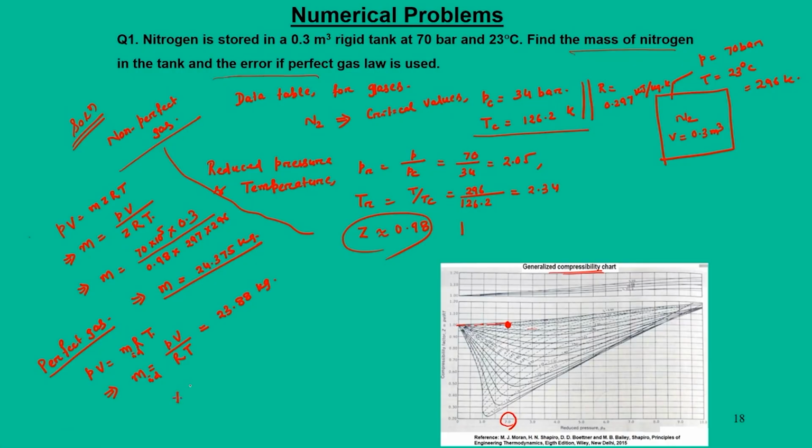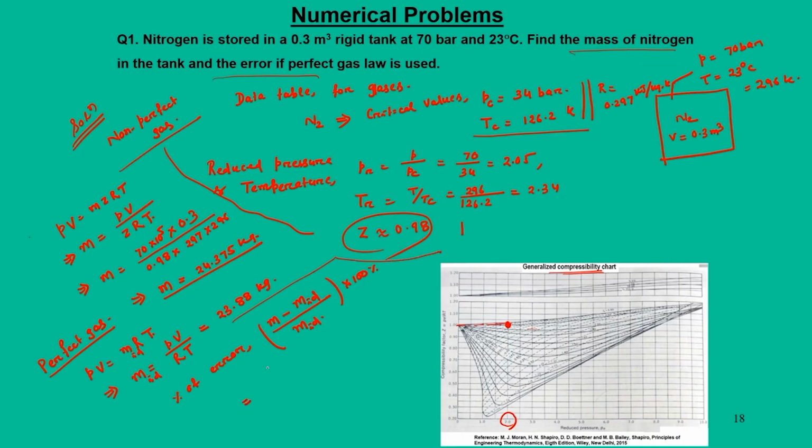The question asked what is the percentage of error introduced. So, the percentage of error for this mass calculation would be the actual mass minus the ideal gas mass, divided by m ideal, that is how it deviates, into 100 percent.